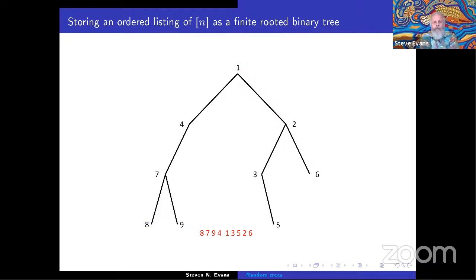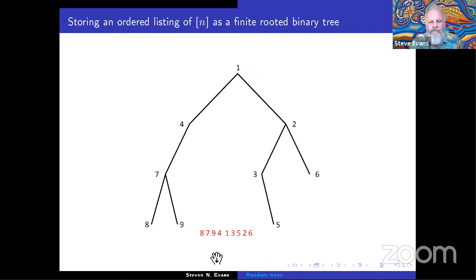Now, one thing that we can do with binary trees, and one thing that computer scientists use them for, is for storing ordered lists. This use of binary trees is called binary search or binary search trees.